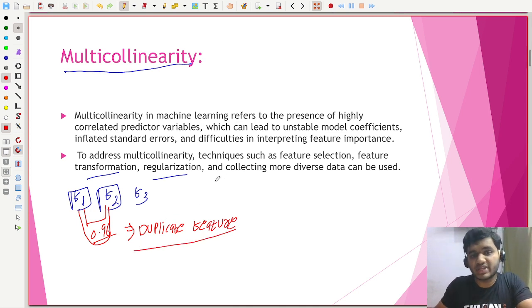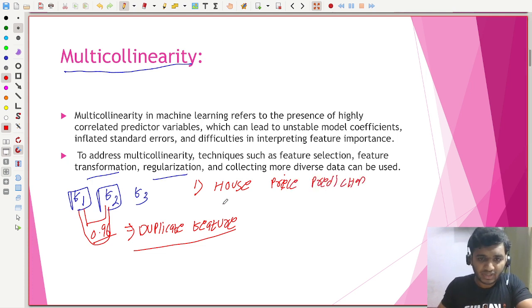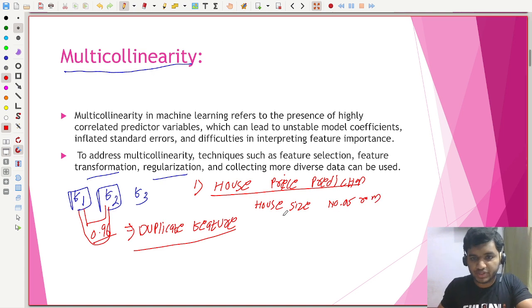Suppose, as an example, we take linear regression such as house price prediction. In house price prediction, if two features are present, one is house size and another one is, suppose, number of rooms, and they are related at 0.95.